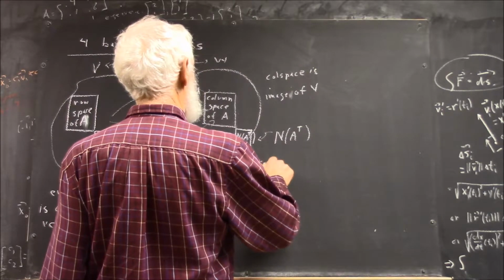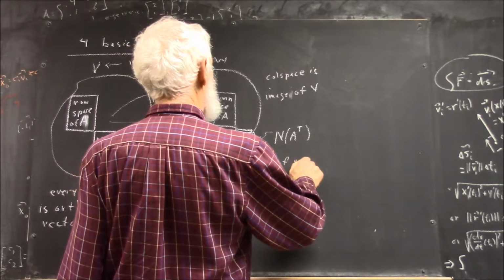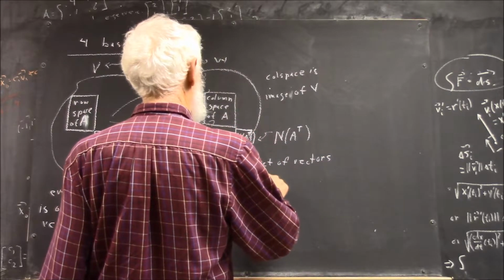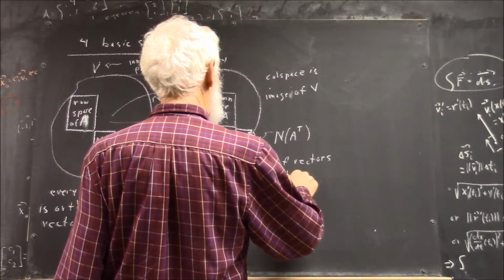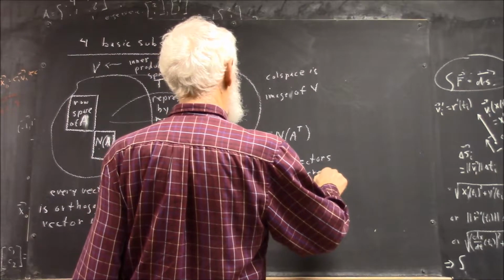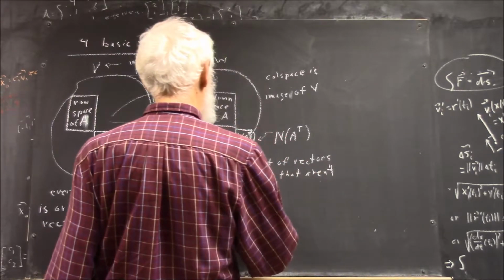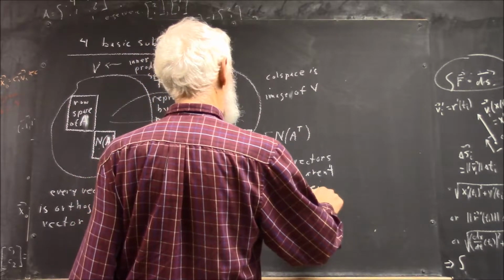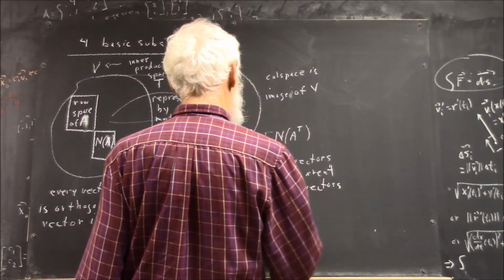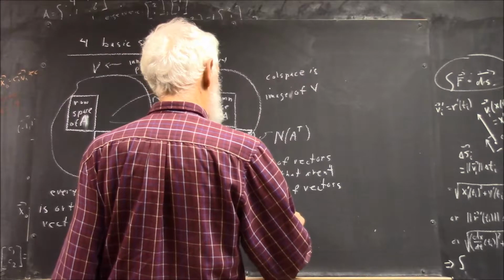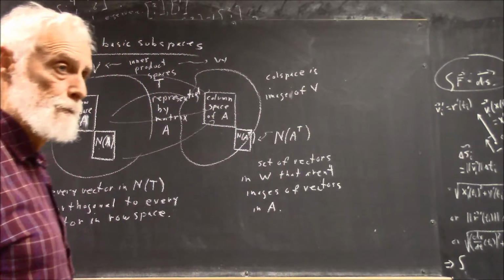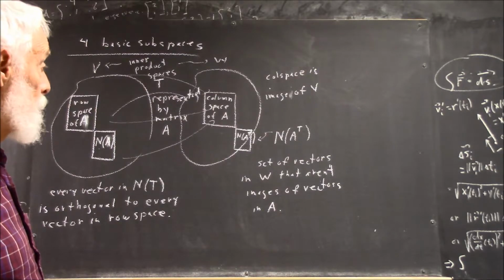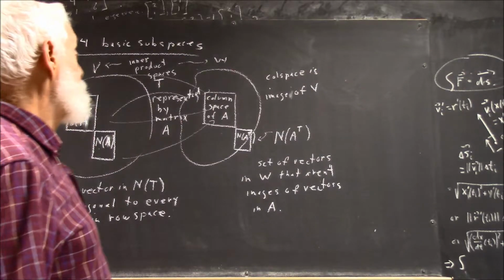So this is a set of vectors in W that aren't images of vectors in V under A. Wouldn't that just be everything outside of the column space of A? Yeah, exactly.